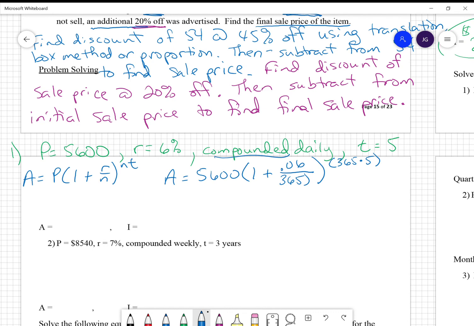A is $7,559 and 02 once I round it. So then I is equal to 7,559.02 minus 5,600. I is 1,950.